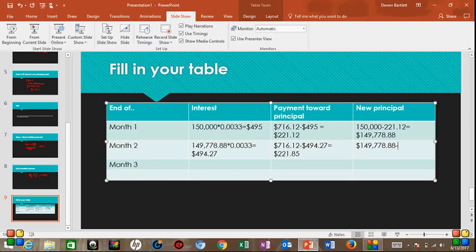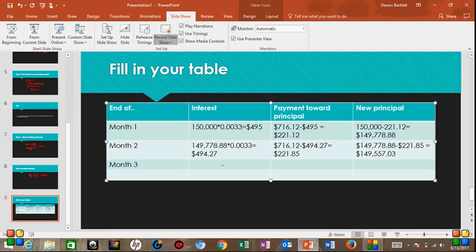So then you would have your $149,778.88 subtracted by your $221.85, which is then equal to $149,557.03. So we're knocking off a little bit each month, but not a whole lot. And keep in mind that you're still paying $716 a month for this mortgage, so that is a good amount of money.